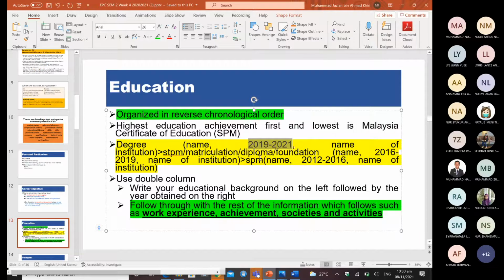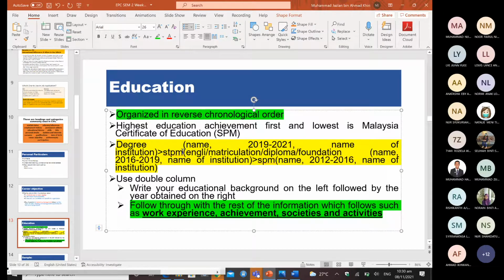After you mention your degree in UNIMAS, you need to mention whether you have obtained STPM, matriculation, diploma or foundation. Make sure that the STPM you state in your video CV is in English. I purposely put this one in BM because I want you to go and find out the English term for STPM. And then indicate your matriculation, your diploma, and your foundation.